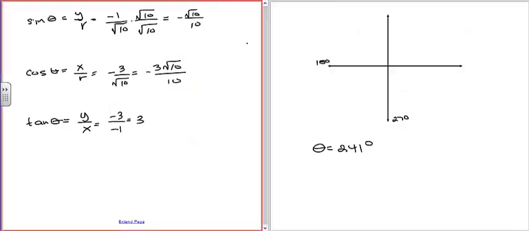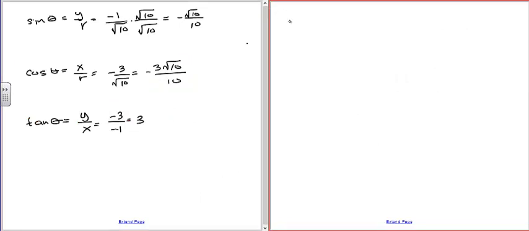And then you can do the other ones. So the cosecant of theta, which is r over y, we'll take this unsimplified version here, so it becomes negative the square root of 10 over 1 instead of 1 over the square root of 10. So it's negative the square root of 10.